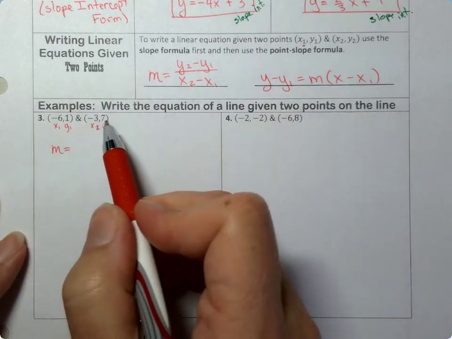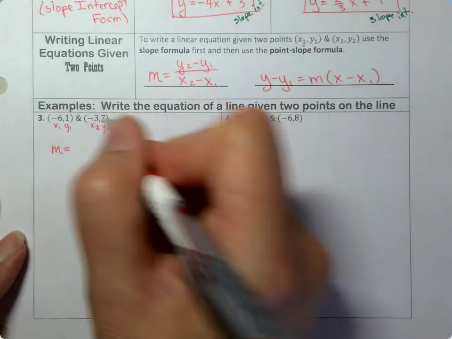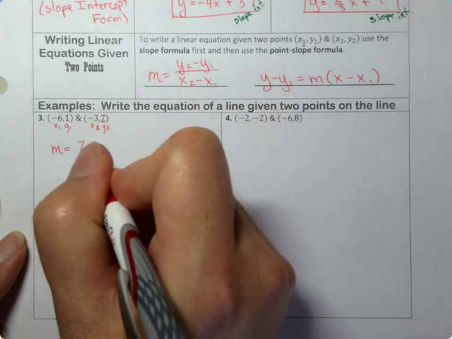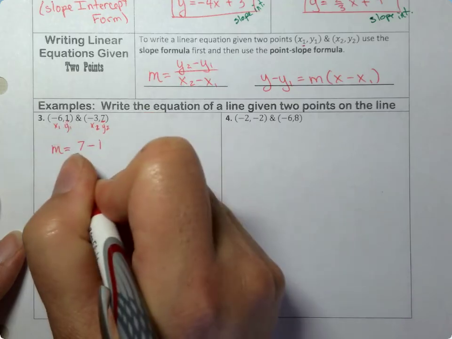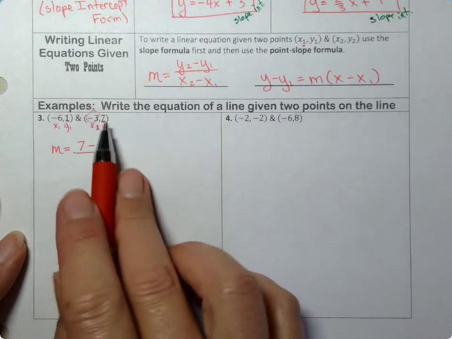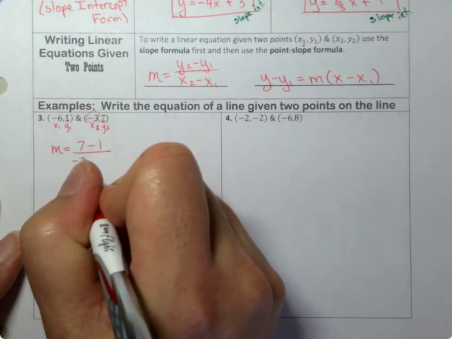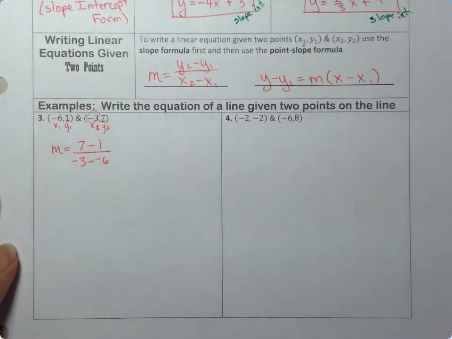It is always the change in y over the change in x. So if I start with this y value, 7 minus, I'm going to go to this y value, 1, and then I'm going to come back. You have to start with that same point, and my x is negative 3, but it's minus a negative 6.